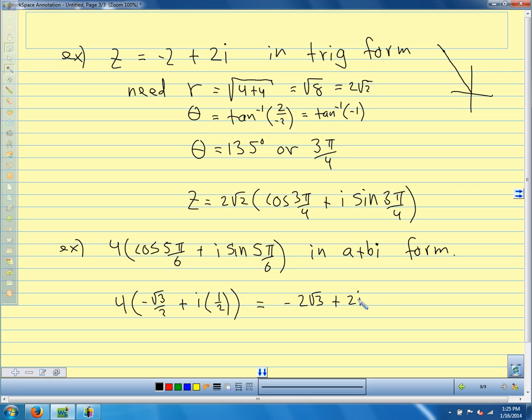So this would be our answer in a plus bi form, in standard form, in rectangular form. So that's just going back and forth. Questions there? This is pretty easy. Kind of mechanical. So let's talk about where using our complex numbers in trig form helps us out.